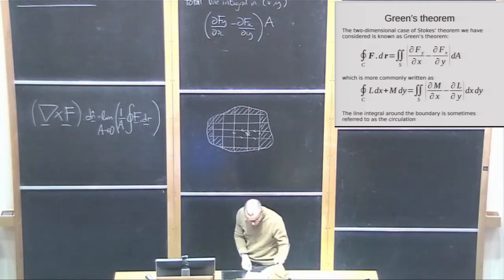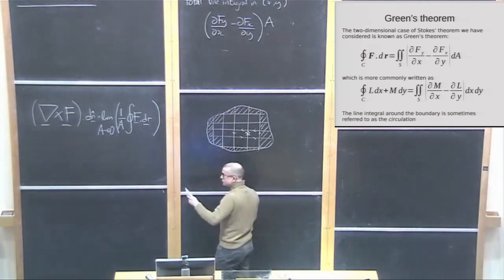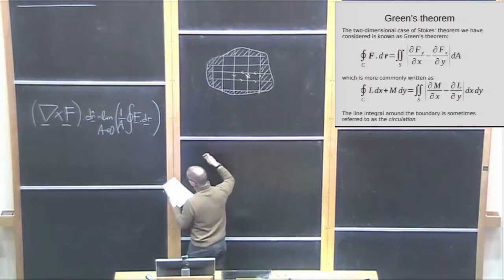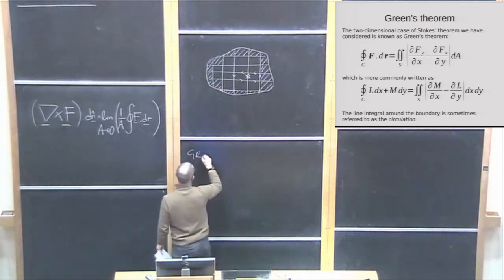Okay. So the two-dimensional form of Stokes' law is often referred to as Green's theorem.